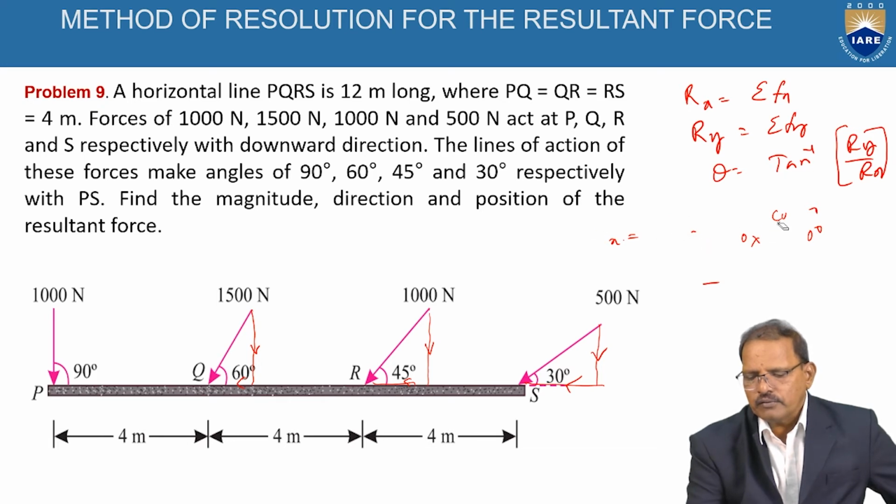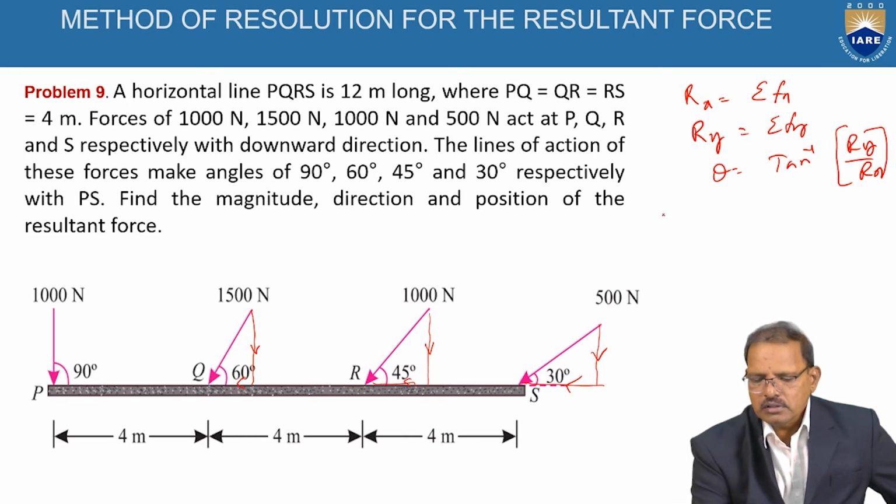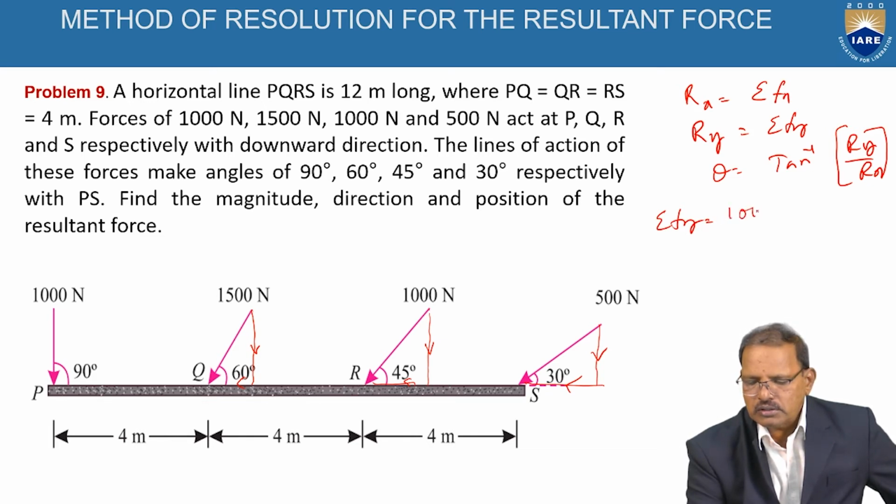Similarly, the y component of all the forces which are acting on the line PS is equal to sigma Fy. The 1000 newton force is acting in the downward direction at 90 degrees, so we can take sin 90, but negative.